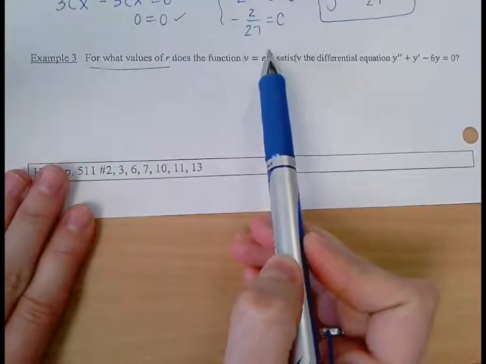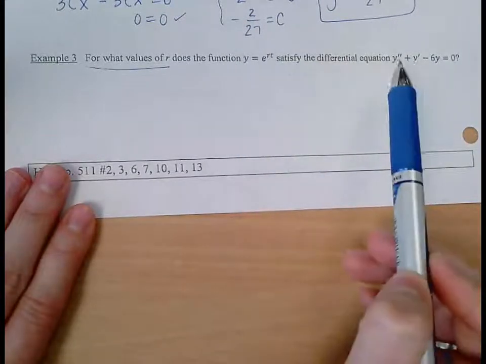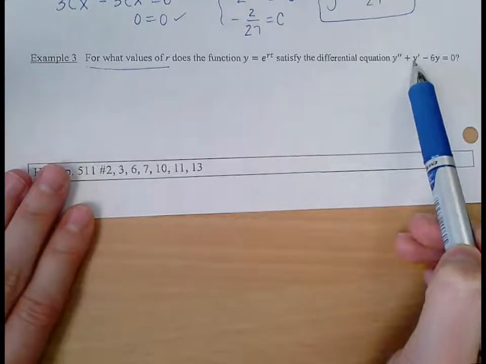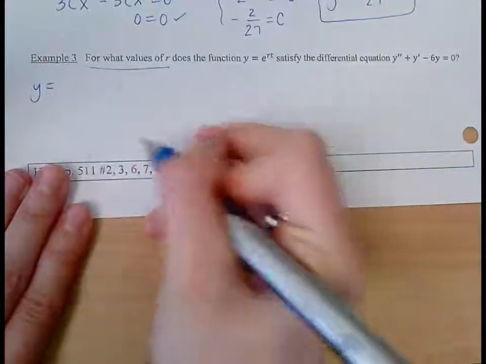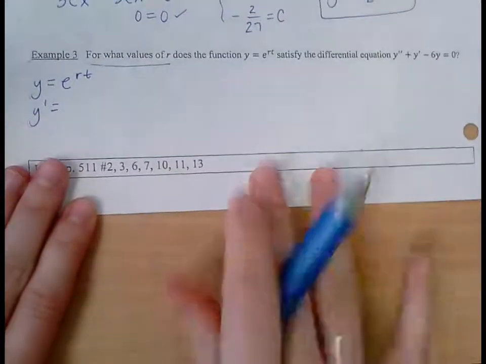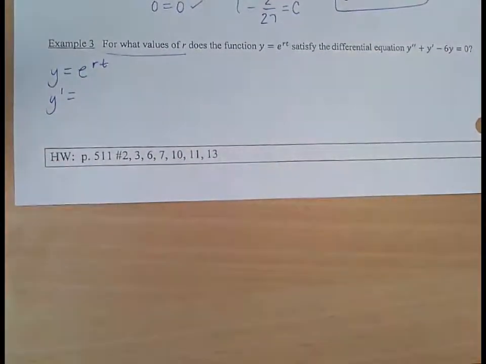So what we need to do is we have y. We need to know what to substitute in for y prime and y double prime. So if y is e to the rt, what is y prime, or how would we find it?